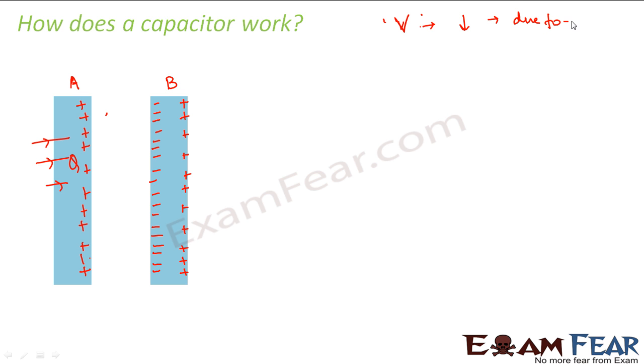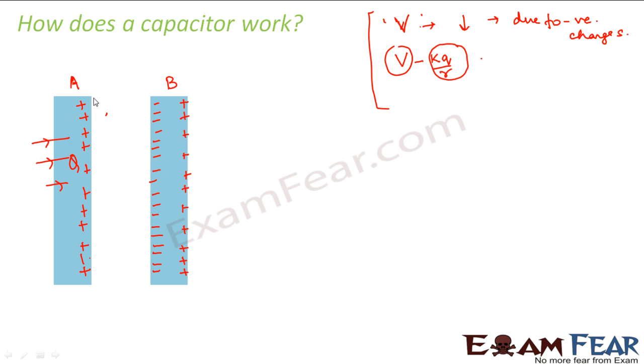Why would it decrease? We discussed all these things in our potential classes, right? Earlier the potential was V, and now the potential due to the negative charges would be KQ by R minus KQ by R, so your potential got reduced by this amount.